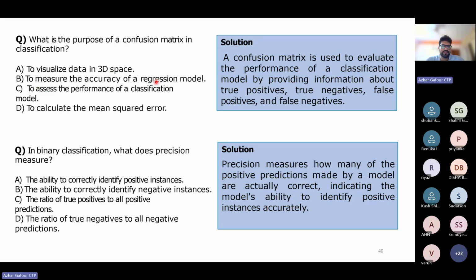B is to measure the accuracy of a regression model. Confusion matrix is used only for classification models. So precision is nothing but to identify true positives to all positive predictions. All right.